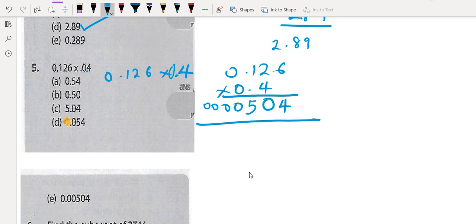Count. 1, 2, 3, 4. That's 0.1, 5, 0. Okay.